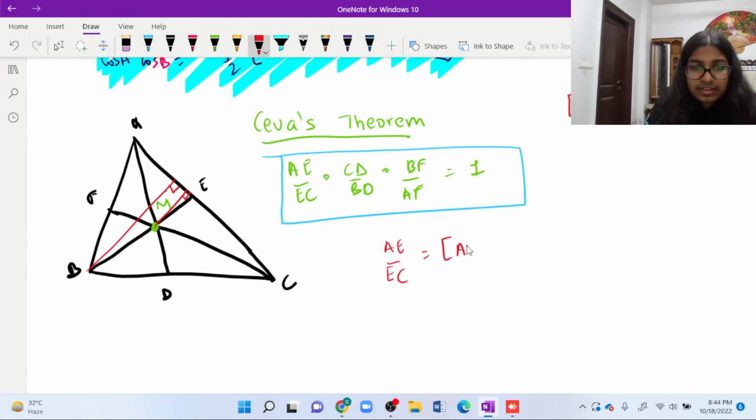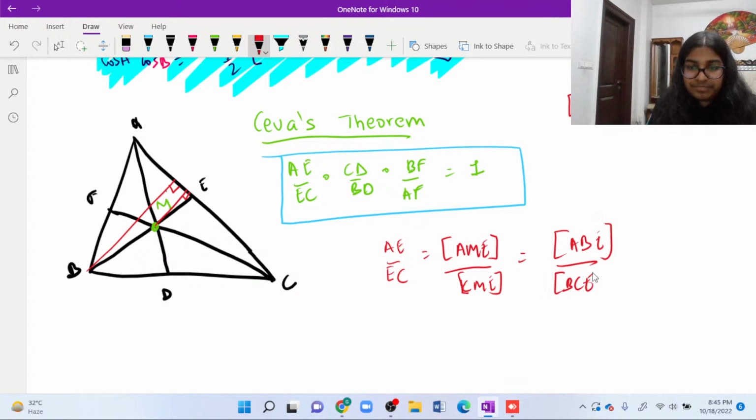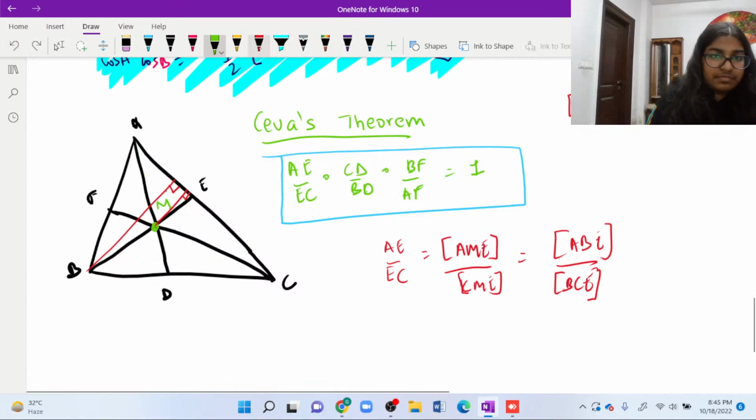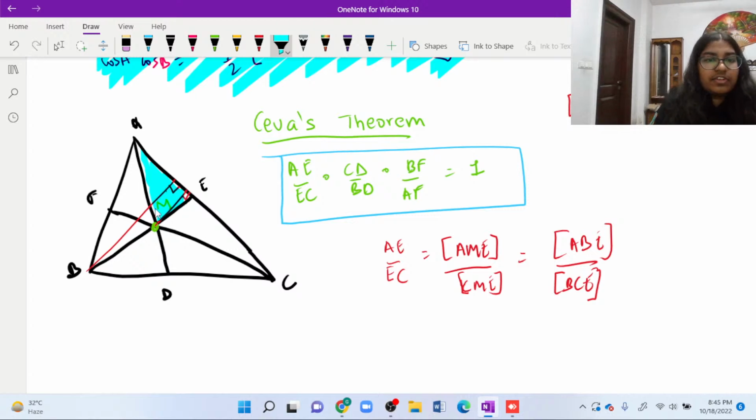So this is AME by CME, which is also equal to ABE by BCE. That is because area of AME, this area, is just half ME times AE, and area of this is half ME times CE.